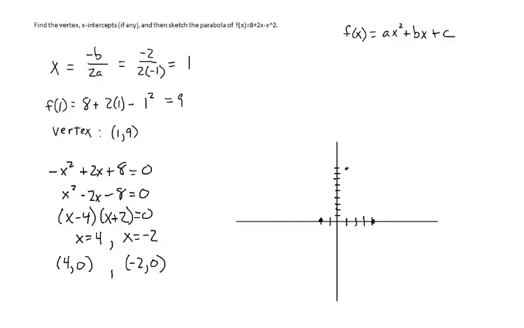And now I'm going to draw the graph. So this is what our graph would look like for f of x is equal to 8 plus 2x minus x squared.